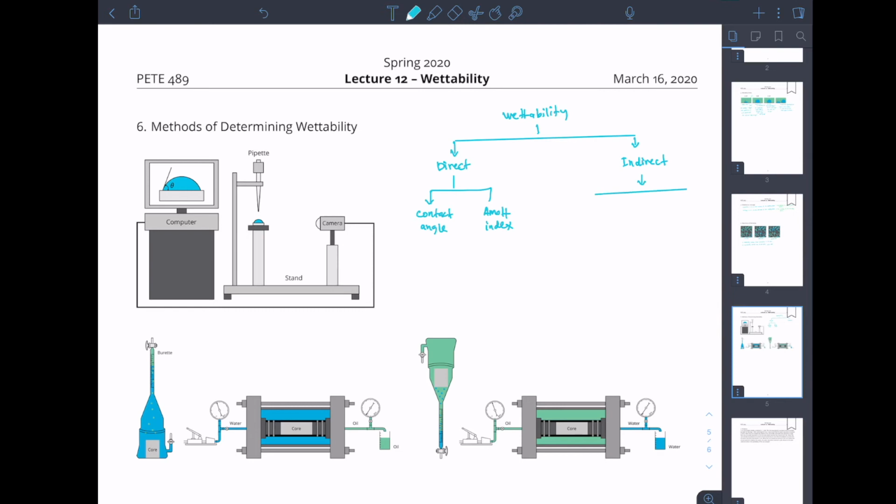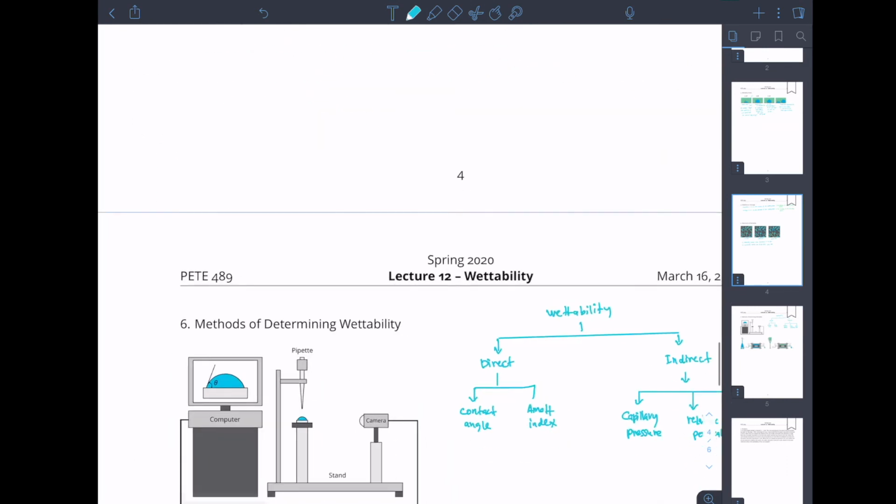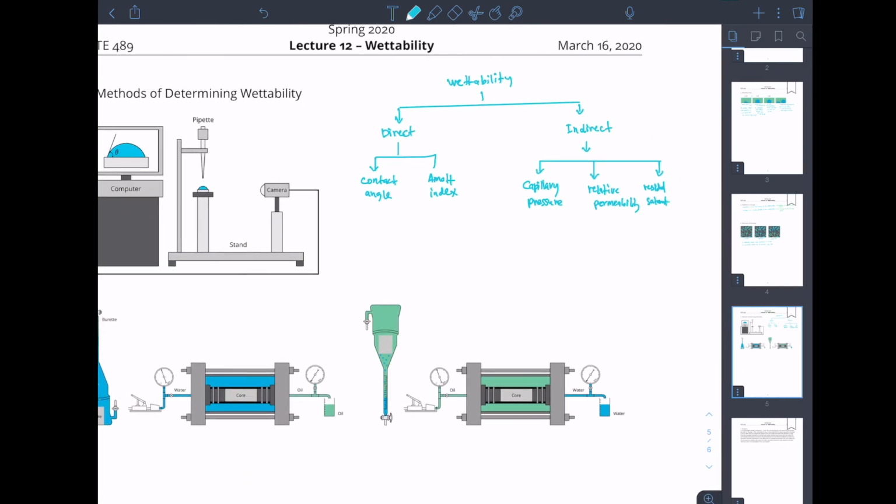However, for the indirect, we have three main methods, and they are capillary pressure, mainly the imbibition pressure, and then we have relative permeability, and then finally we have residual saturation. We'll discuss all of these, but at different times, but now we'll focus on the direct methods.